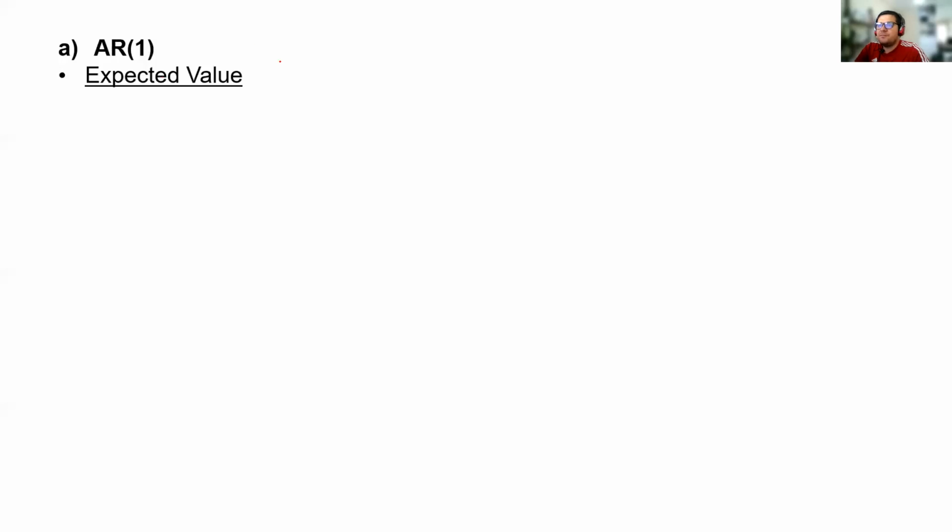Right, so let's start by calculating the expected value of an autoregressive 1 model. An autoregressive 1 model, we have YT as explained by YT minus 1, right? If we were to have autoregressive 2, then we will have another term, for example, plus alpha 2 YT minus 2, right?